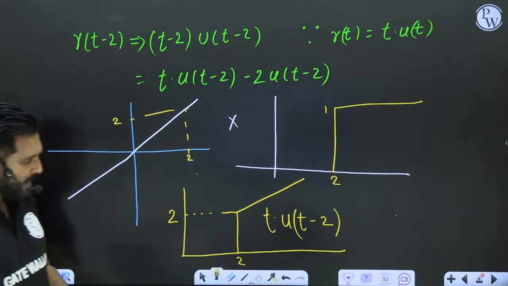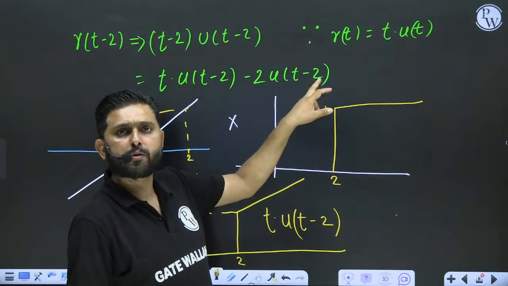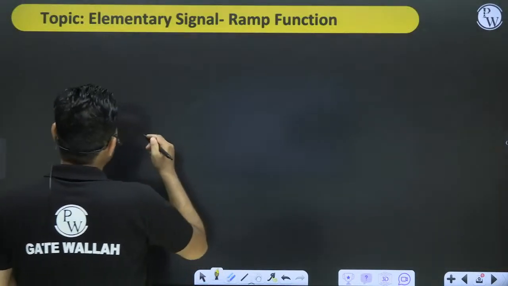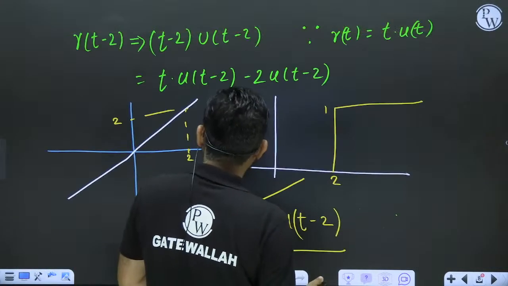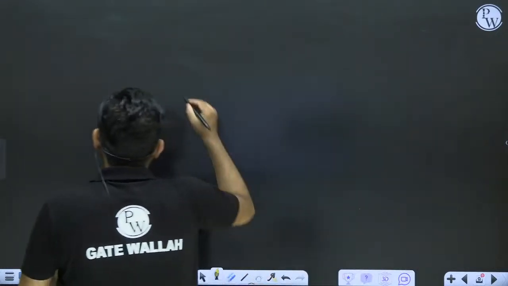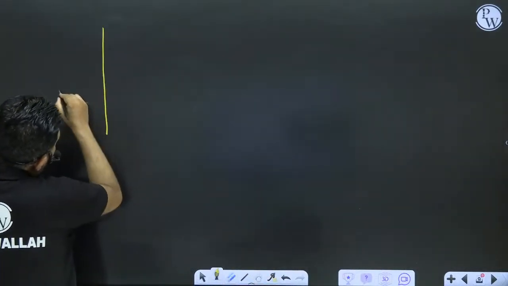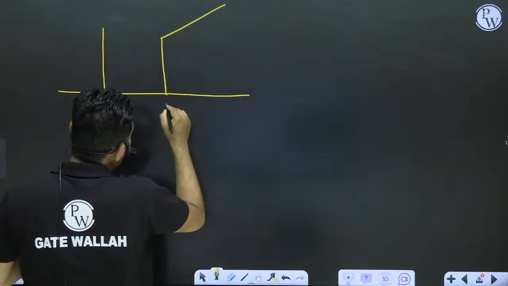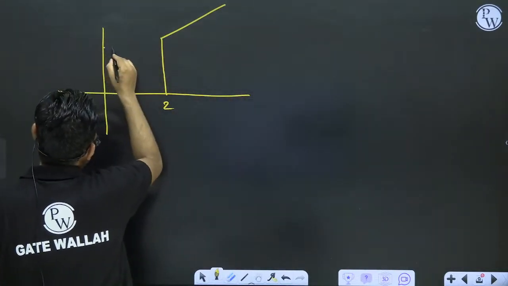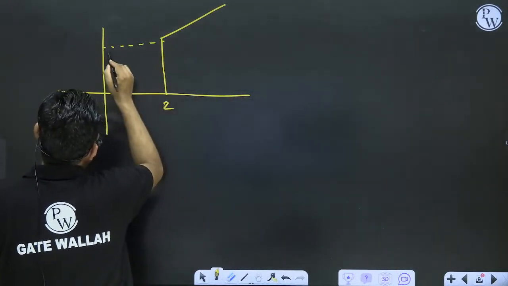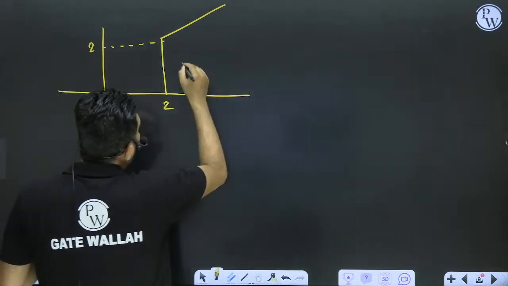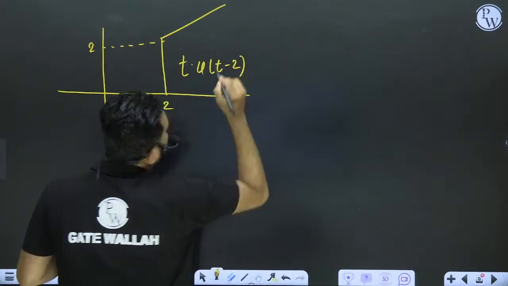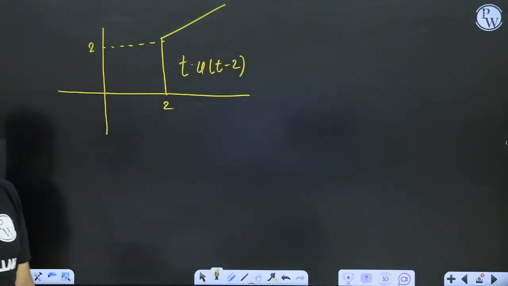Now my point is that if you subtract this function by 2 u(t minus 2), then what you will get? See here, this is 2, and that is t into u(t minus 2).